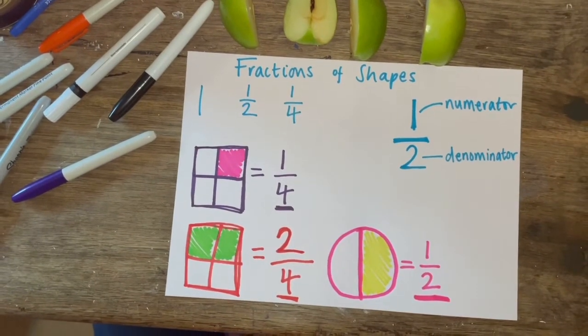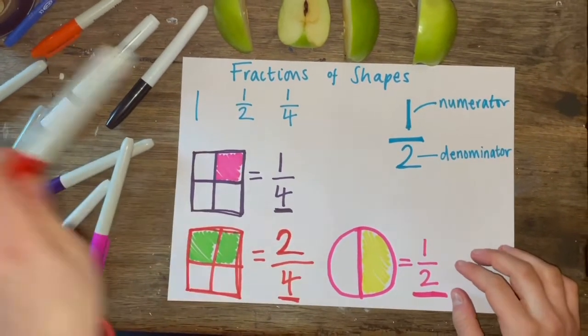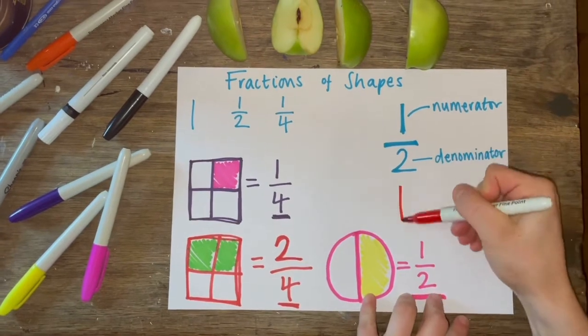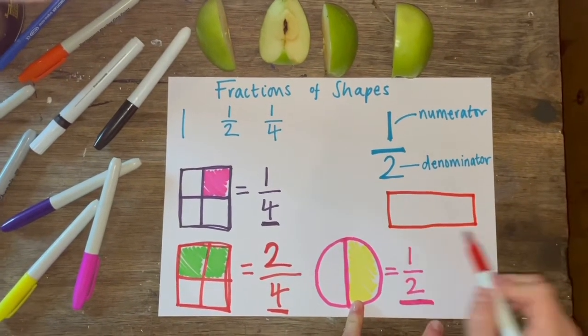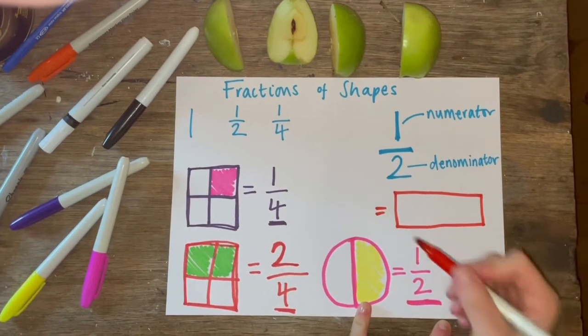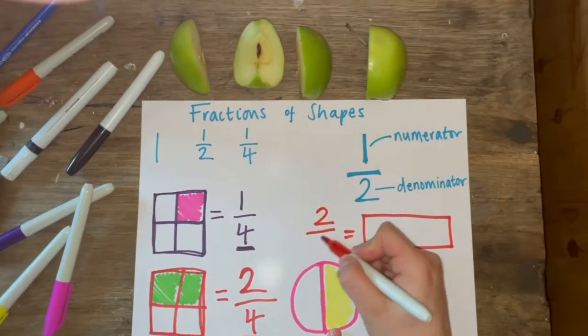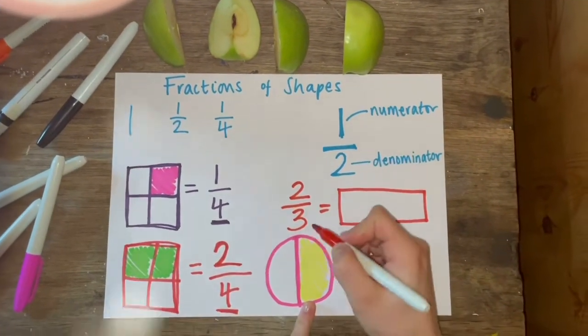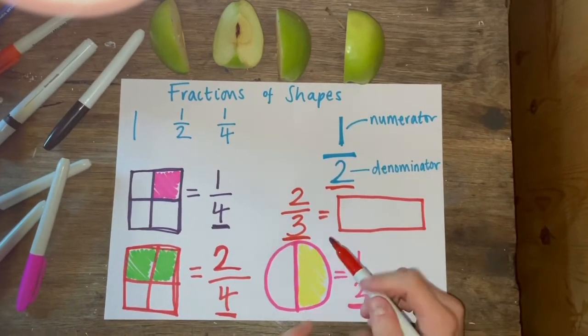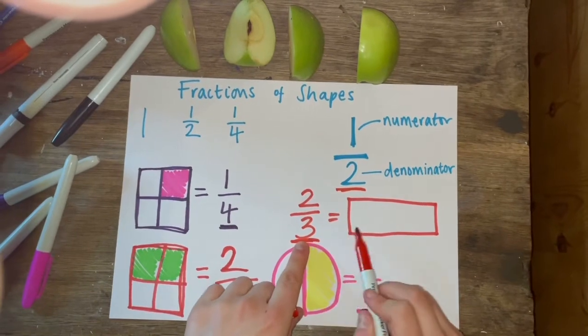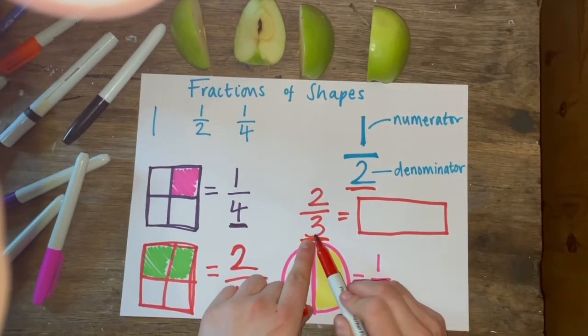We'll do one more just for luck. If I have got a rectangle, here's my rectangle, there's my chocolate bar, and it's asking me to colour in 2/3. So straight away, this denominator, the same one as this one here, is telling us that the chocolate bar is split into 3.